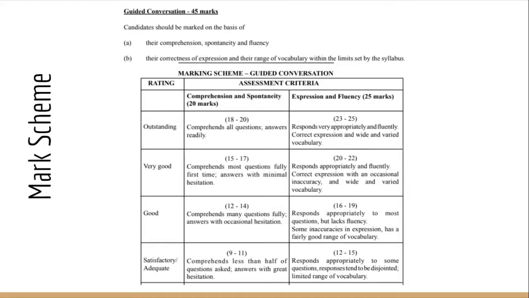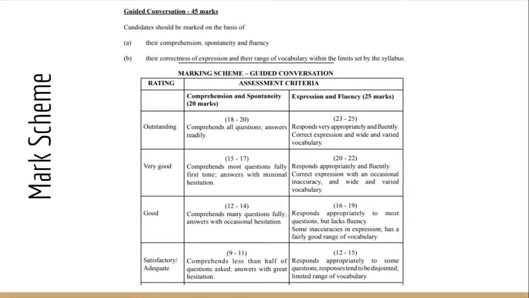Now, if we scoot a bit over to the right and look at the column which is entitled Expression and Fluency, which is out of 25 marks now. If you get between 23 and 25 marks, it means that you would have responded very appropriately and fluently, meaning you're answering the question correctly and your response is not disjointed or staccato, like, yo soy estudiante en la... no, you don't want that at all.